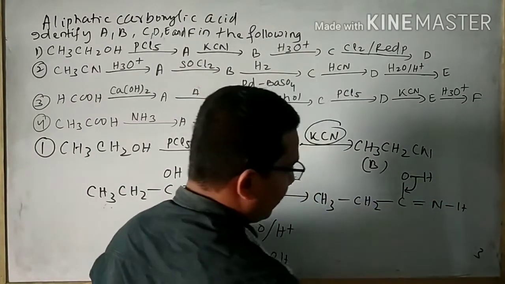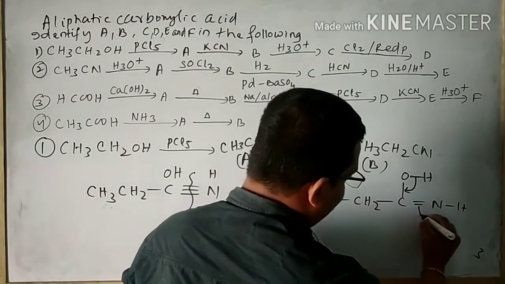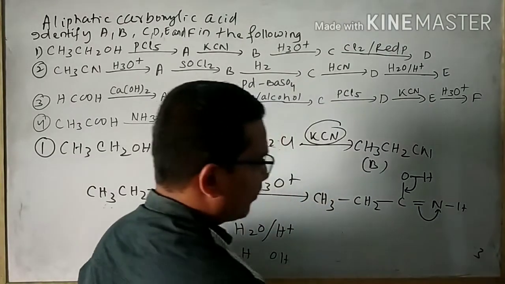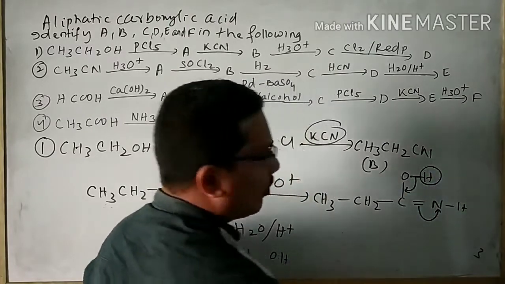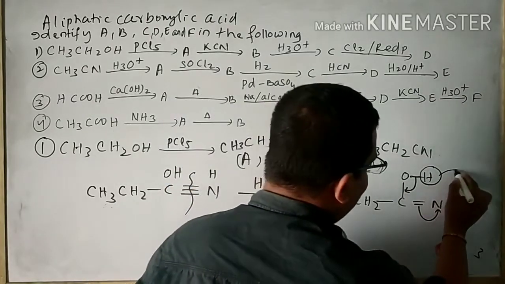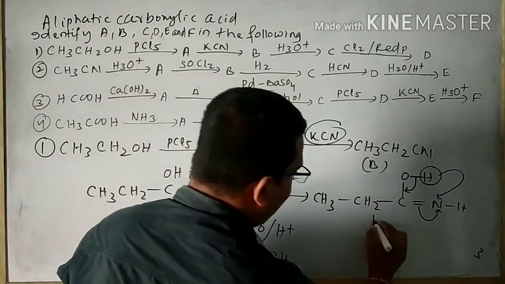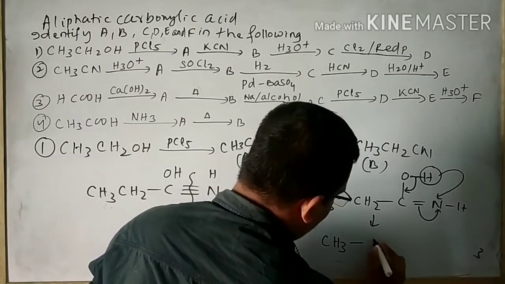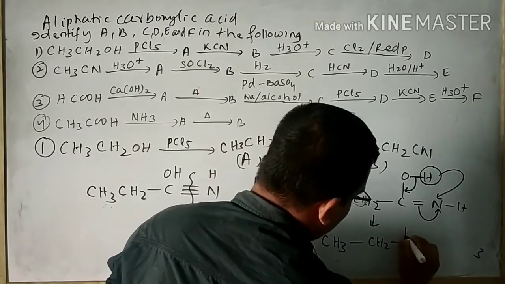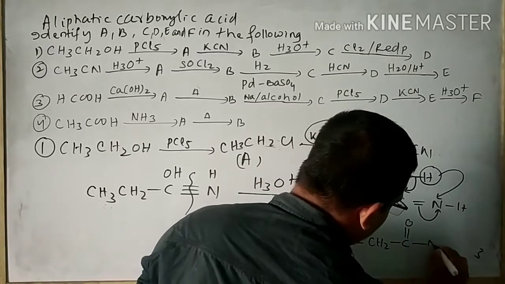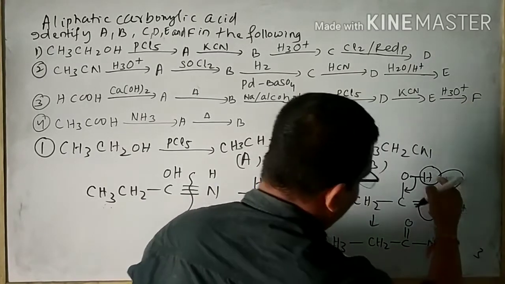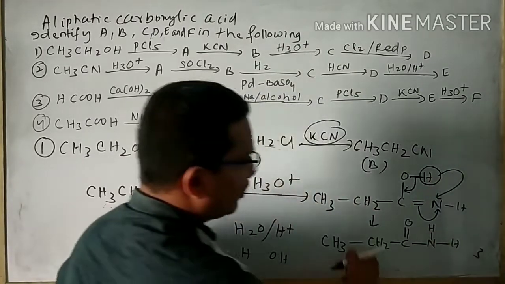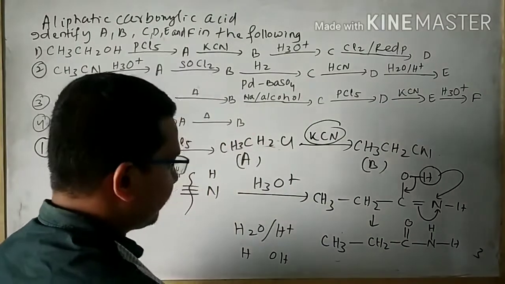Make a double bond here, break a pi bond and a negative charge will arise on the nitrogen atom. This hydrogen atom is removed as H plus and it will attach to the nitrogen atom and form a stable product, that is CH3 bond CH2 bond C double bond O bond N bond H, and this hydrogen attached here. This is an amide product.